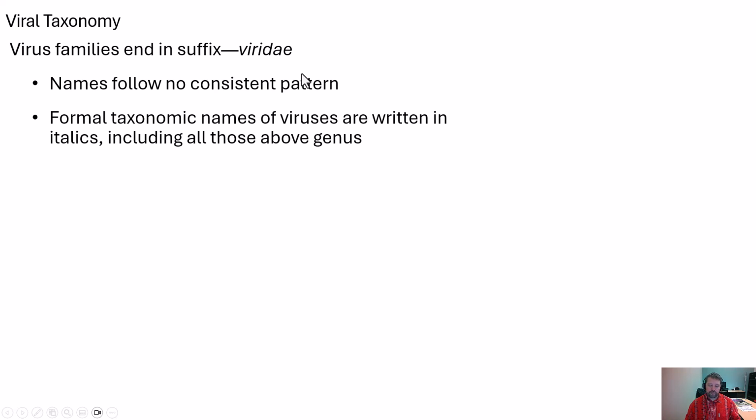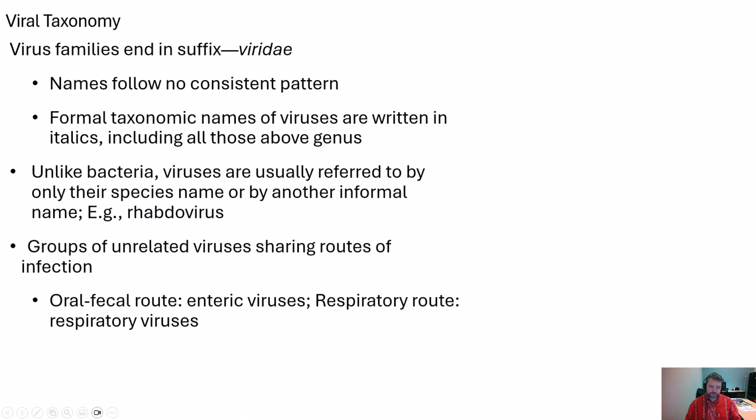DAE, most of you will know, indicates that it's a family, but the virid, or the viri part, is indicating that it's a virus. Normally when we talk about viruses, we call them by their informal or common name.